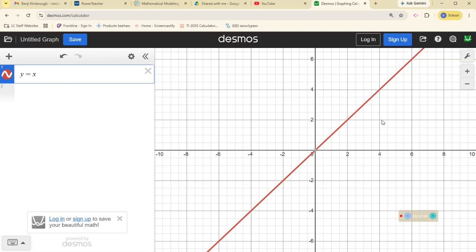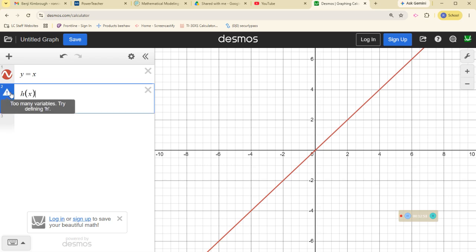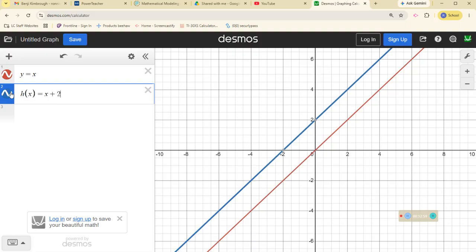We had that earlier. Stop. Good. What did we just have? It said h of x equals x, and then what? Plus 2. Ha! It literally is that red line just shifted up 2.